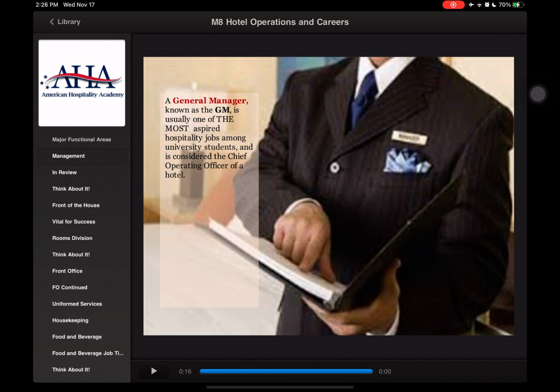His or her responsibilities encompass 3 main areas: 1. Relating to guests and employees. 2. Overseeing operations. And 3. Increasing profitability. The general manager supervises and organizes all other departments within the hotel and must be familiar with each.